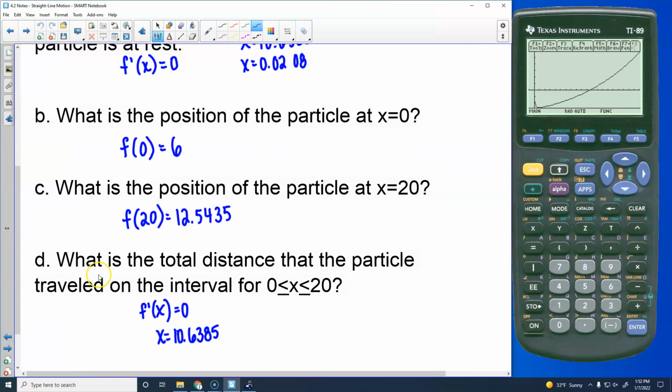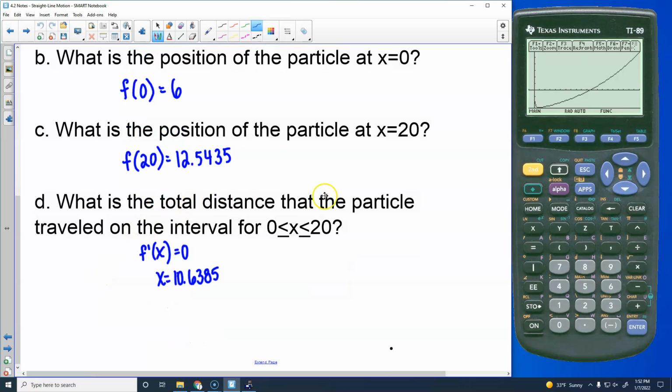So the question asks us to tell the total distance that the particle traveled from 0 to 20. Here's the problem: it was not going in the same direction the whole time, so we can't just subtract where it's at 20 from where it was at 0. We've already found that at f of 0, our position was 6.